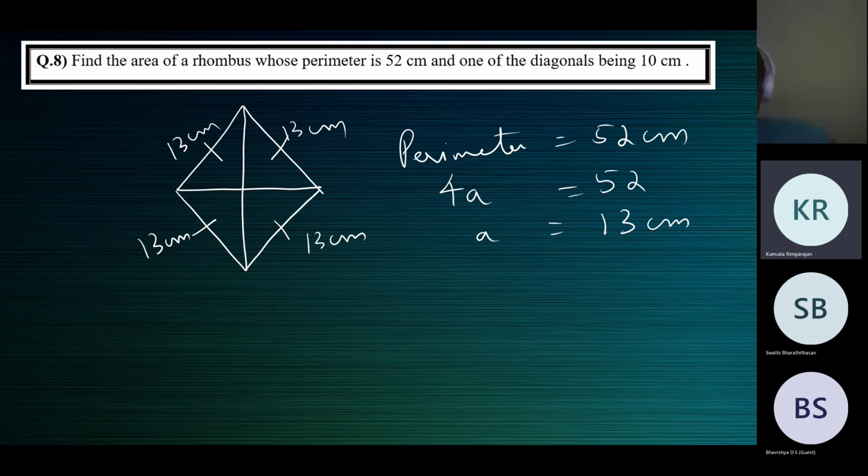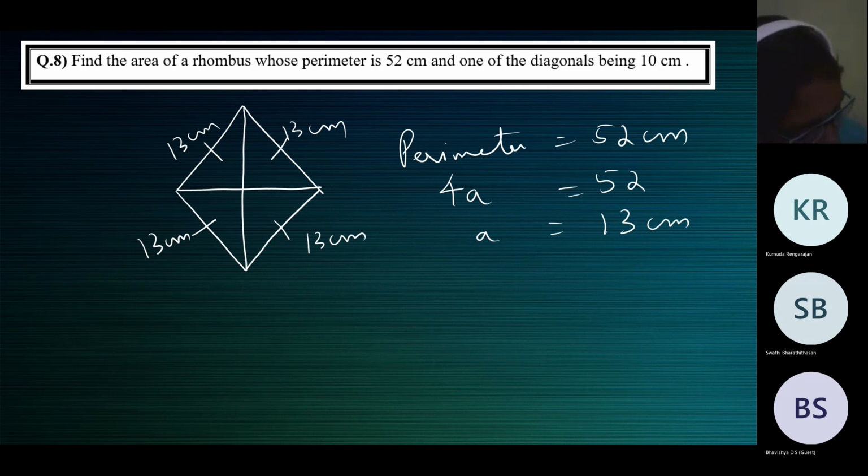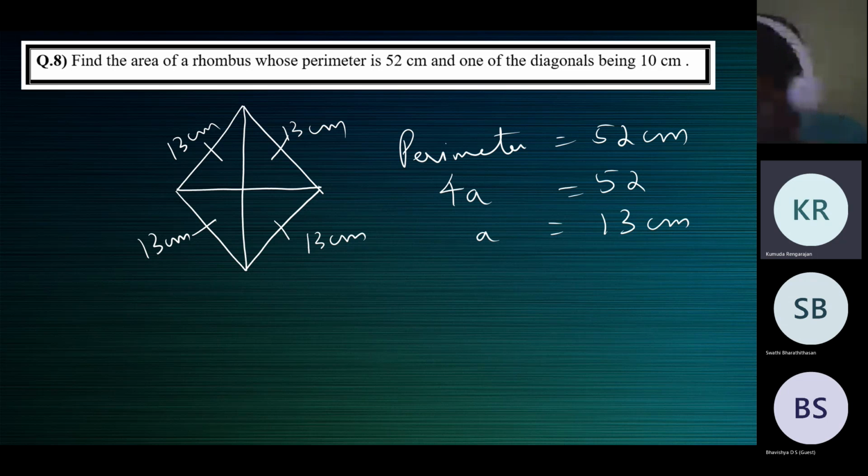What do we mean by bisecting each other? One diagonal cuts the other diagonal into two equal pieces. The first diagonal cuts the second diagonal into two equal pieces. The second diagonal cuts the first diagonal into two equal pieces. That's why we say they bisect each other.